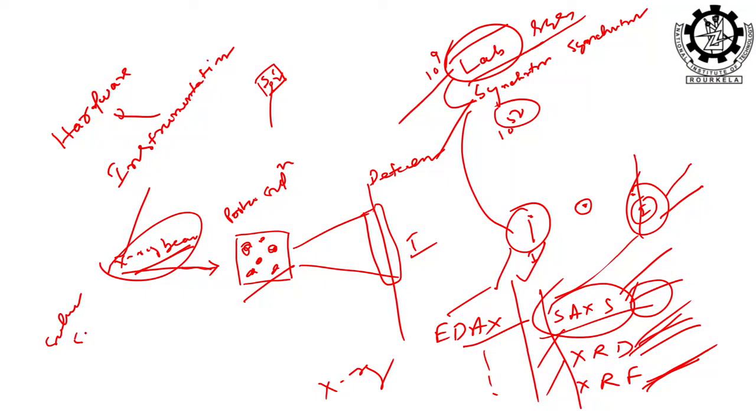Sodium light, right, having two wavelengths, 5890 and 5896 angstrom. At an interval of 6 angstrom, there are two lines. That is why it is not monochromatic but dichromatic. Sodium light is never monochromatic, it is dichromatic.